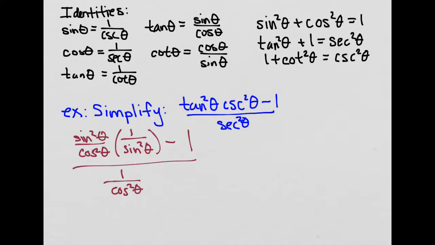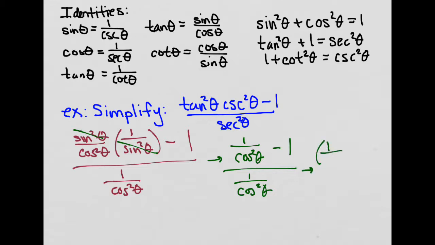Okay, let's go ahead and simplify things if possible. Sine squared over sine squared will cancel. So this will give us, let's see, 1 over cosine squared minus 1 over 1 over cosine squared theta. And again, we don't like fractions within fractions, so let's multiply the top and bottom by the reciprocal of the bottom.